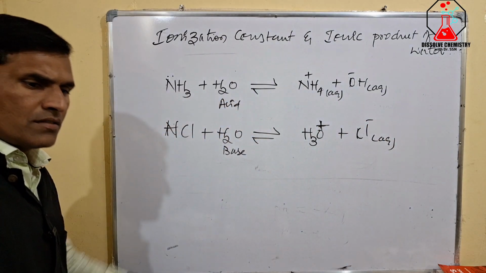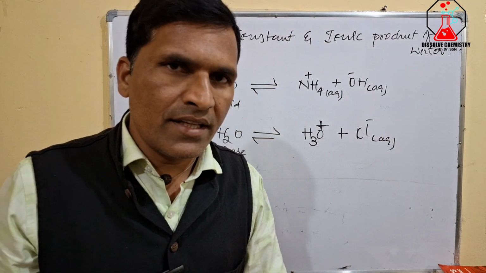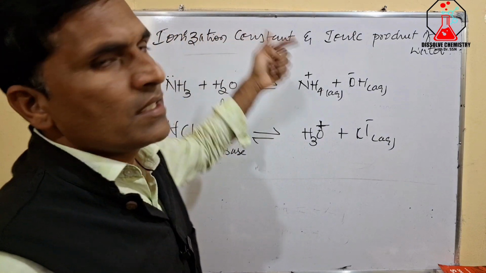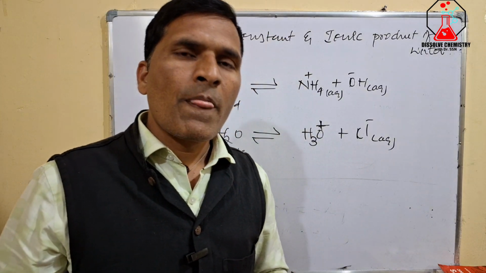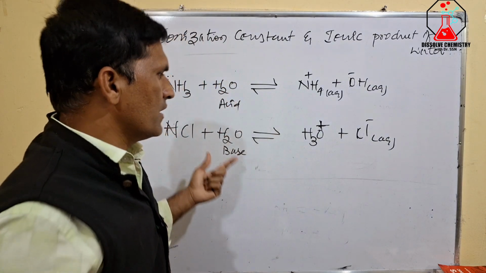Right. So this dual behavior of water is due to what? So the question arises. To explain that, we should go with the ionization of water and the ionic product of water, what it means. So that we will see in greater detail.